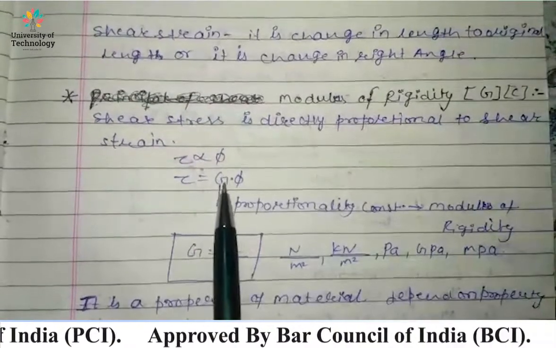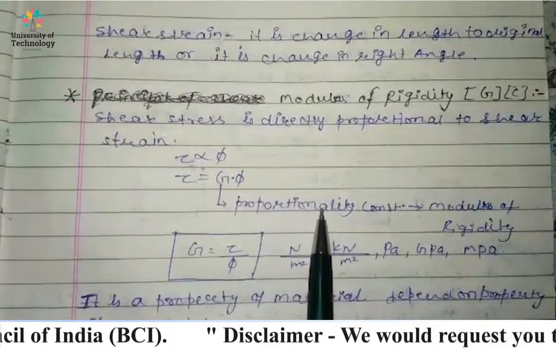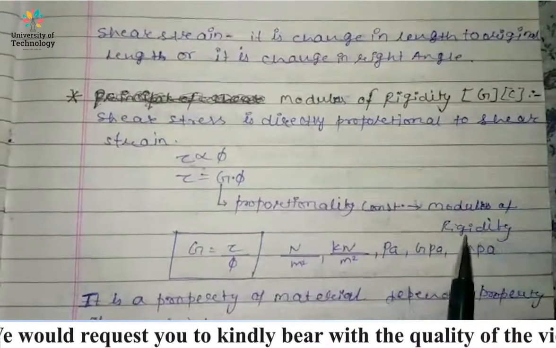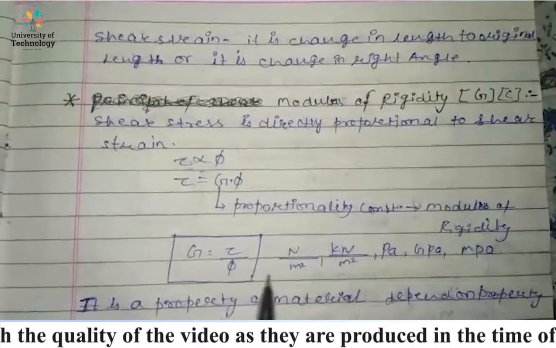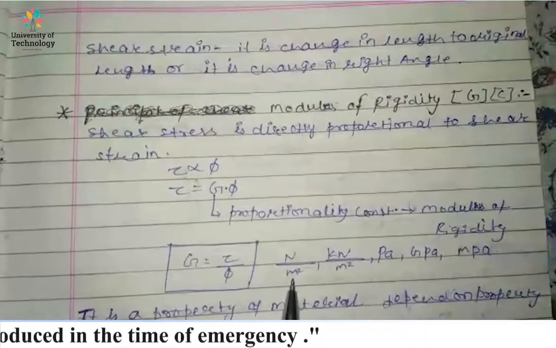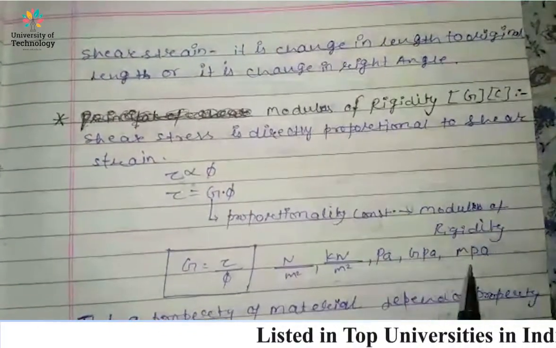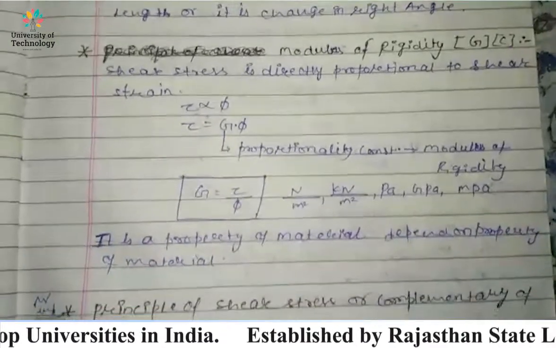Tau equals G phi, where G is the proportionality constant or modulus of rigidity, right? The value of G equals tau upon phi. The unit of G is Newton per meter square, kilonewton per meter square, Pascal, gigapascal or megapascal, right? It is a property of the material.